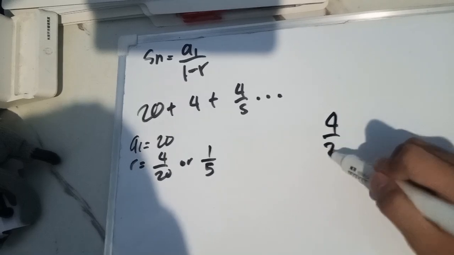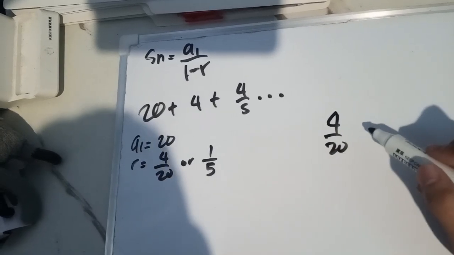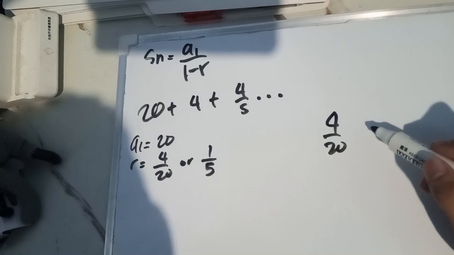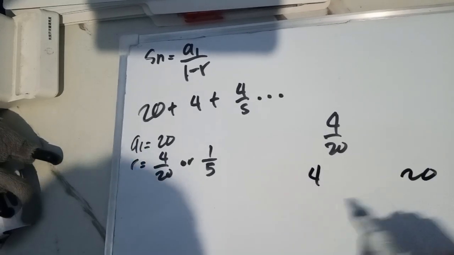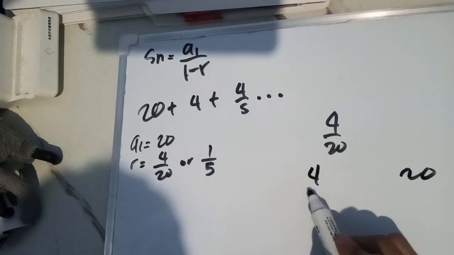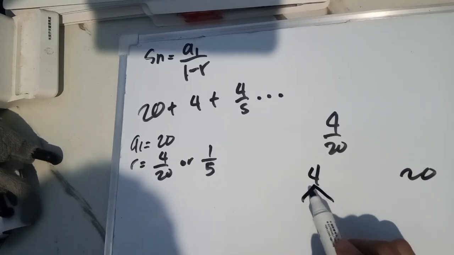We use the GCF, the greatest common factor. Let's say this 4 and this 20. We will draw what is called a factor tree. What are the factors of 4?